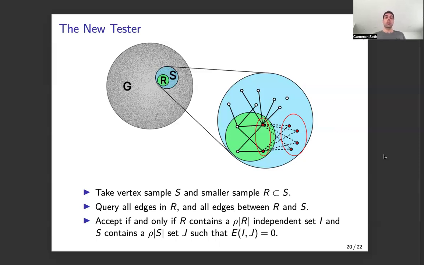And in that case, we will of course find a large independent set in R, and these vertices in S that are from the large independent set will have no edges to these vertices in R. So it will correctly accept. And as before, the hard part is showing that if our graph is epsilon far from having a row independent set, then it probably won't find this type of object in the sample.